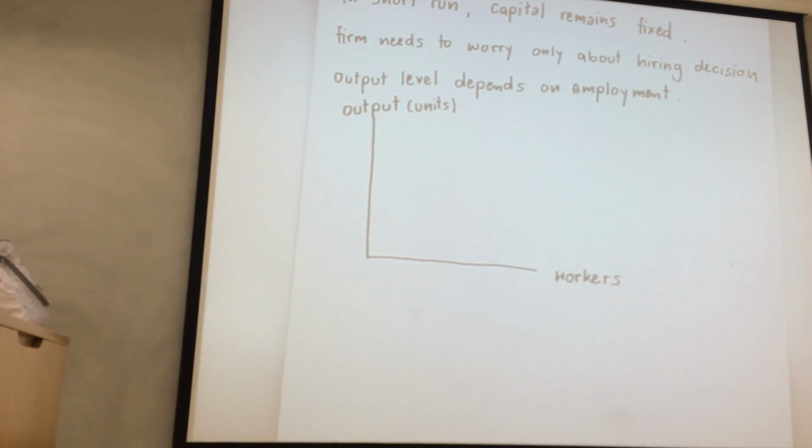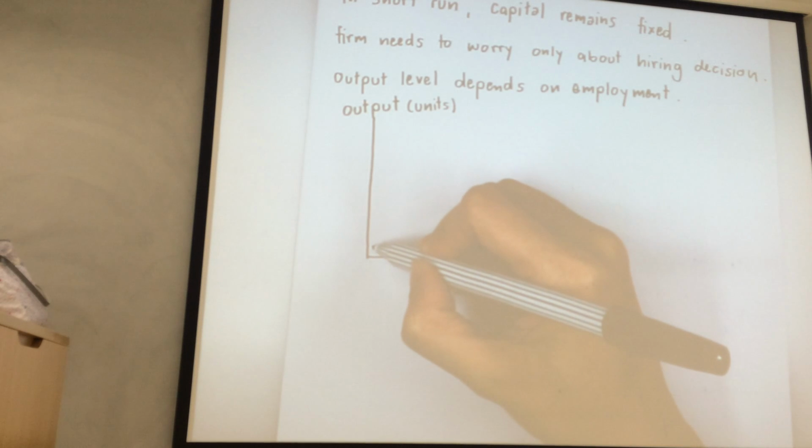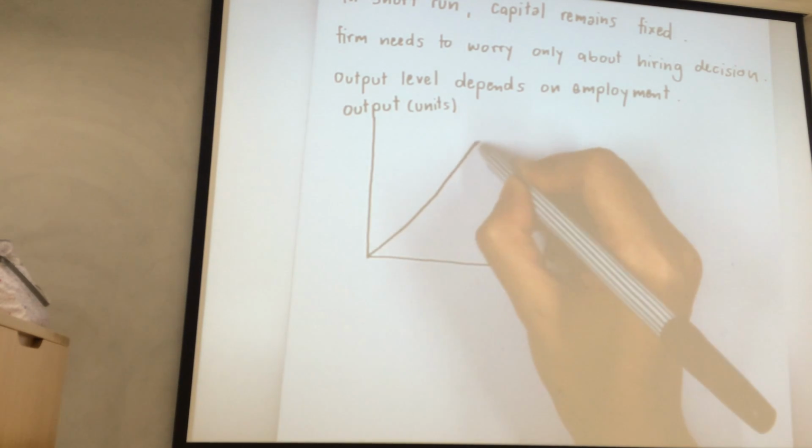But let's say we look at hours of work, instead of the worker. Or you can say it's hours that the worker spent working on the project. And you have the output, total product, usually looking something along the line like this.